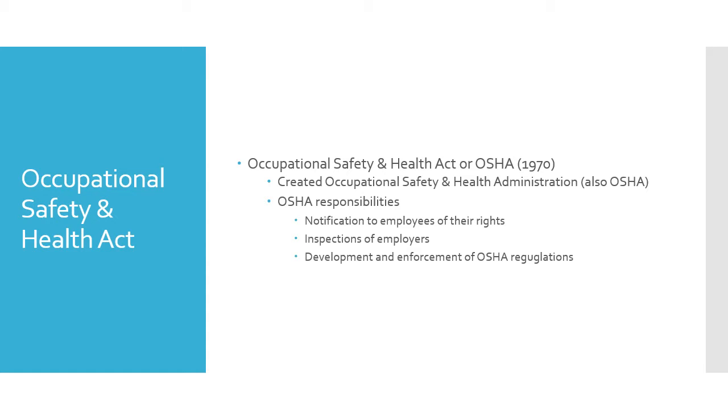OSHA, the Occupational Safety and Health Act, did a couple of things. The most important thing the Act did was create the administration with the same acronym. So it created the Occupational Safety and Health Administration, which is a federal administrative agency.